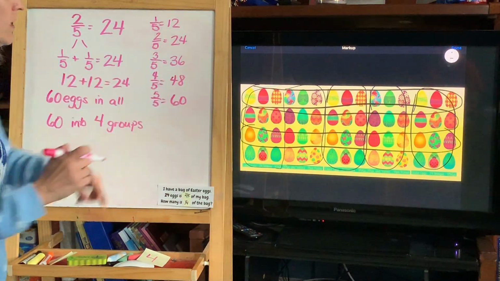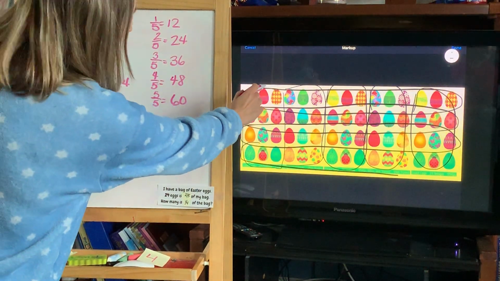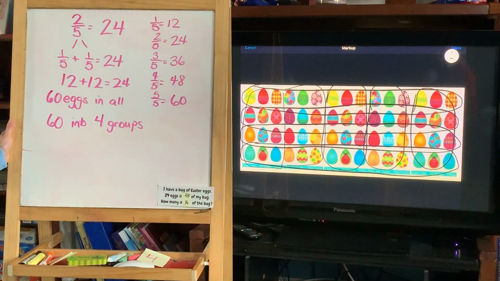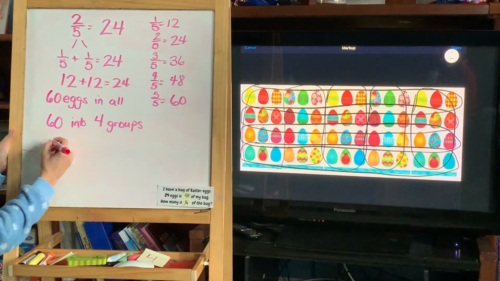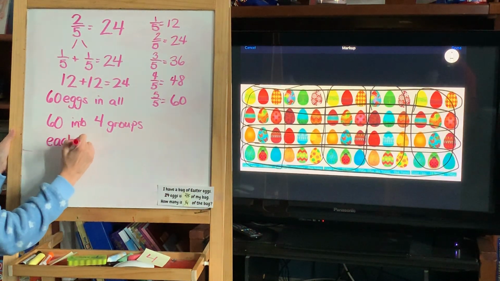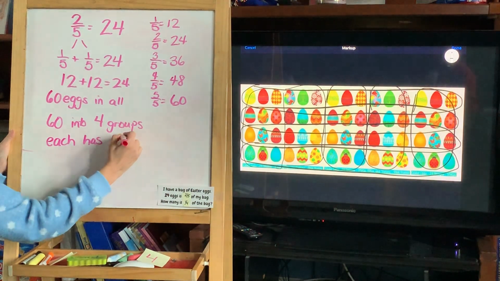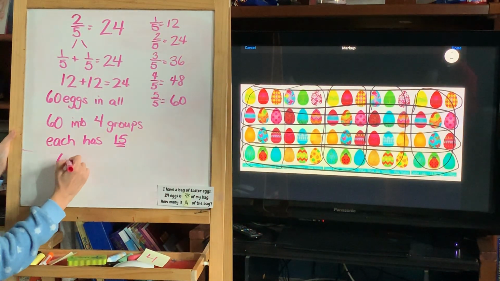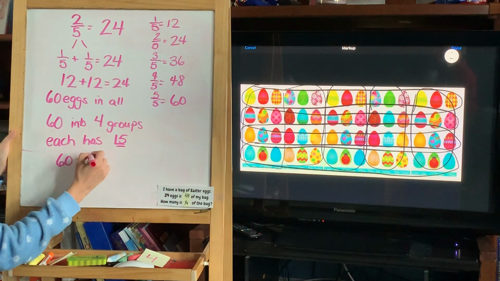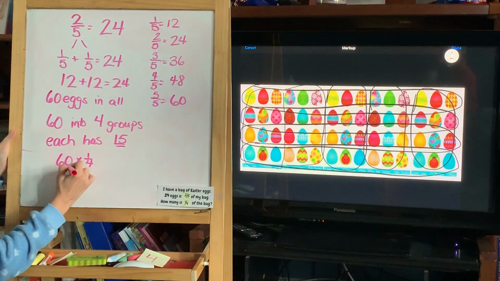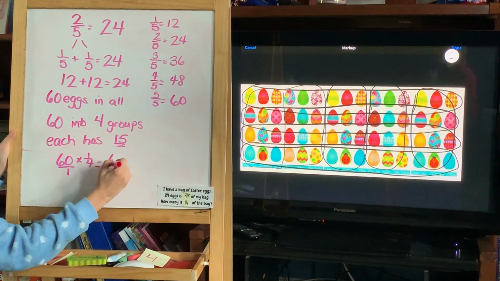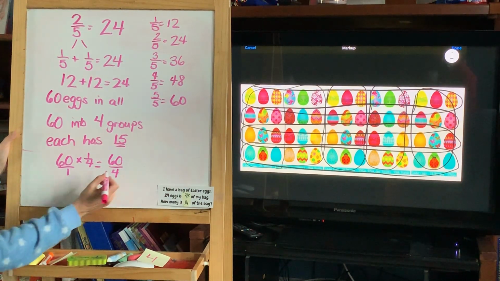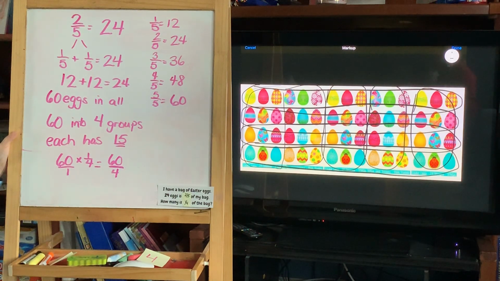So that would be 3, 6, 9, 12, 15. So I would know that each group has 15. So I also could do 60 times 1/4, which would be 60 over 4, which we would know that this line means divide.